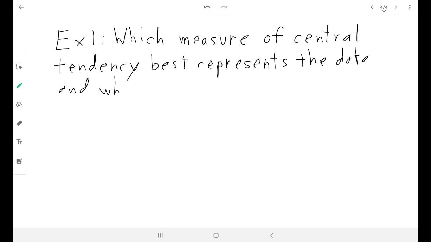So let's give you some data. They're usually done in these squiggly brackets. Let me give you a set of data.